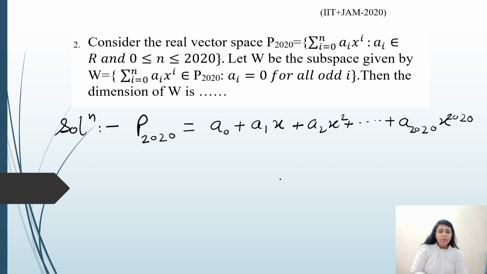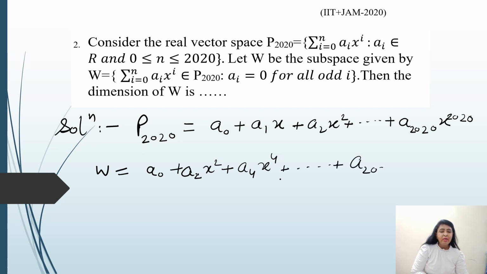Now for the W set, just vary i and put the values of i from 0 to n. So again we will get a0, a1. Now a1 is 0, a3 is 0, a5 is 0 because a_i is equal to 0 for all odd i. So the next term you have is a2 x square plus a4 x4 and so on, up to a2020 x raised to power 2020.